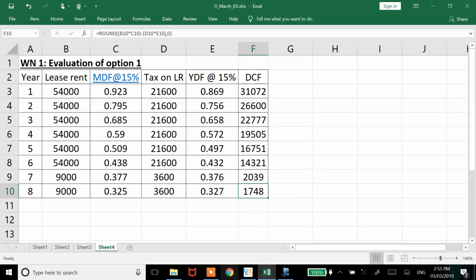A lot of authors will say the tax benefit also will come on a monthly basis, so both could have been clubbed together.